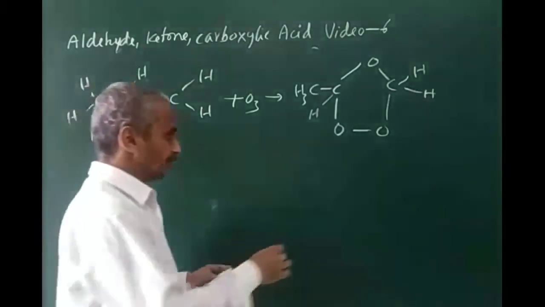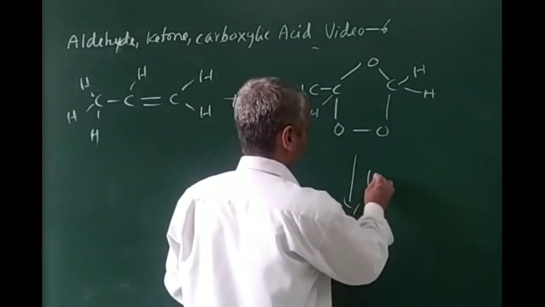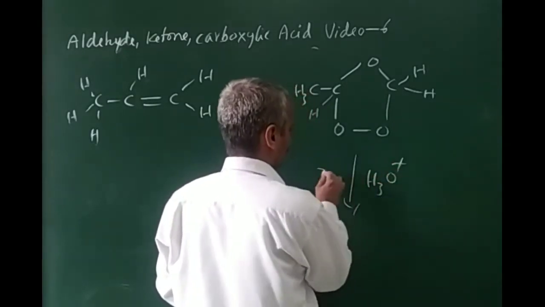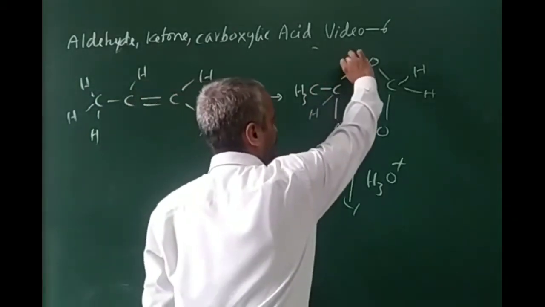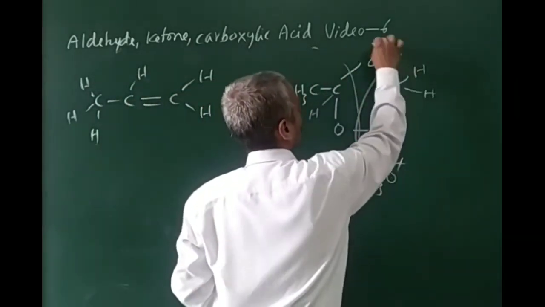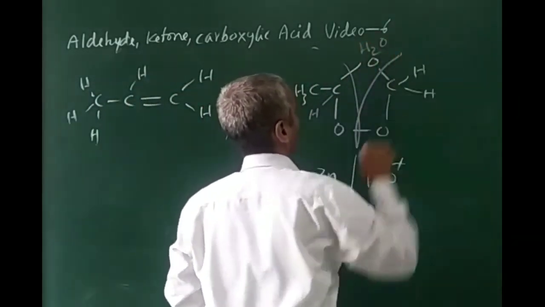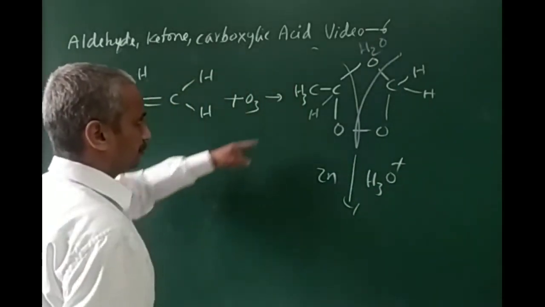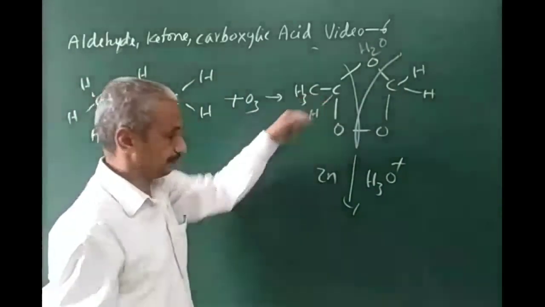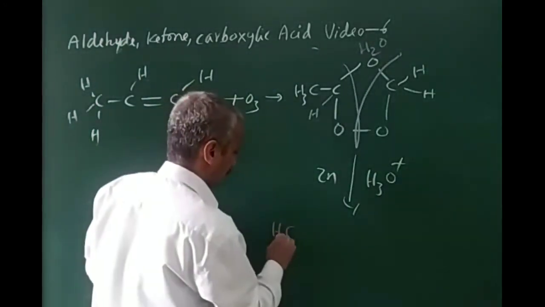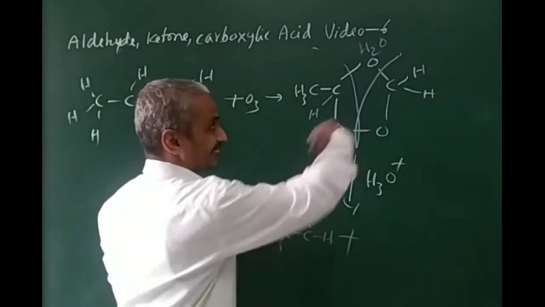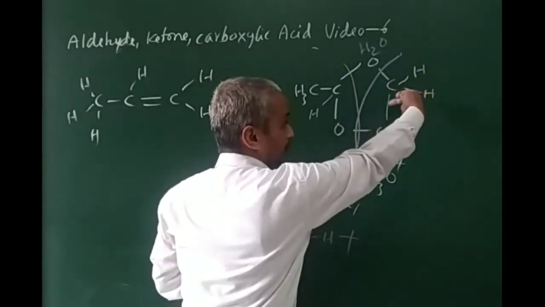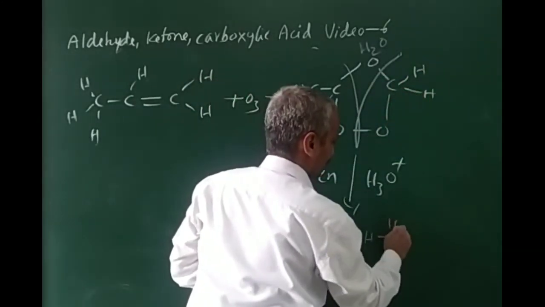Now, hydrolysis with H3O+, means acid hydrolysis, in presence of zinc. What am I going to get? CH3CHO plus, on the other side, HCHO.